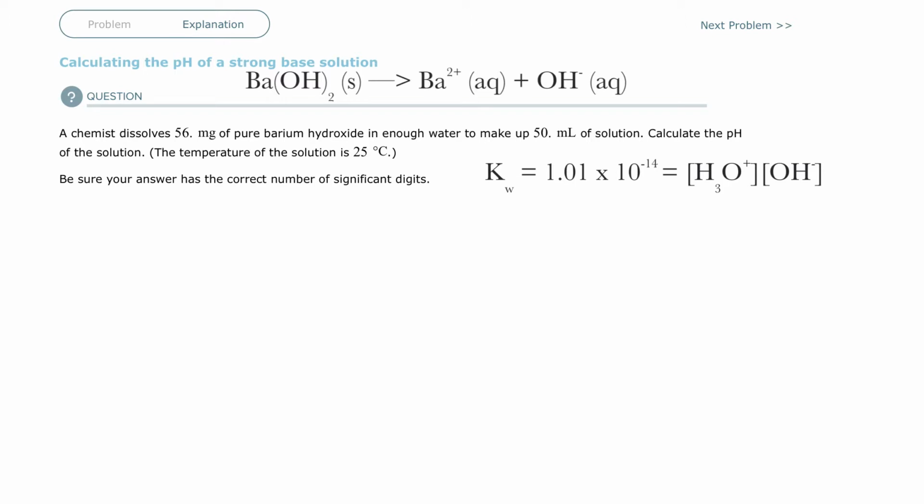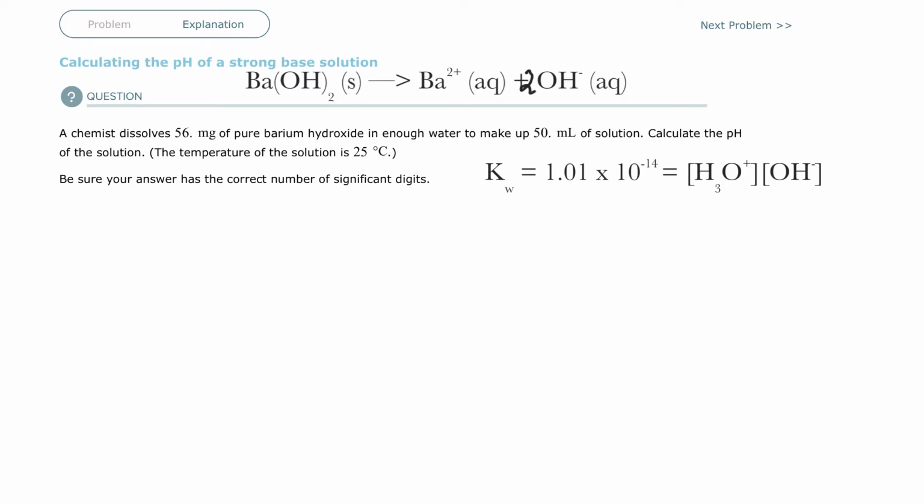So I've got the formula at the top, and now it needs to be balanced. We'll make sure that it's balanced before we go any further. So I've got 1 barium, and you'll have 1 barium ion. You're going to have 2 hydroxides. That means I'm going to have a 2 up here.